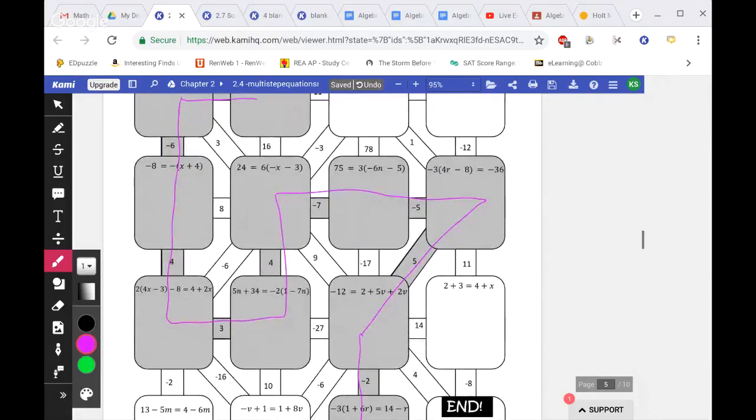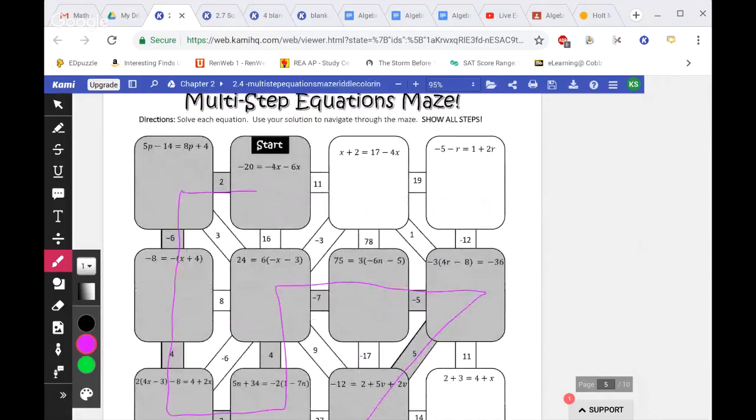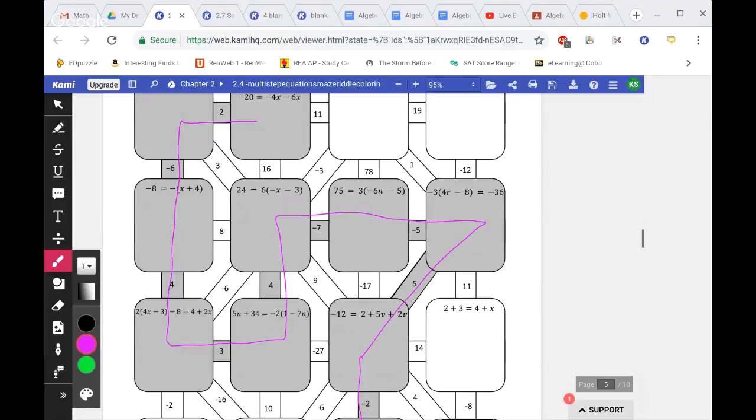But you usually just take the answer to the problem and then move to the next one, and then take that answer and it moves you down to the next one. This way it kind of makes it a self-checking type of assessment, so that you know you're on the right path. Because if you don't get one of those answers that's there, you know that you need to do something else.